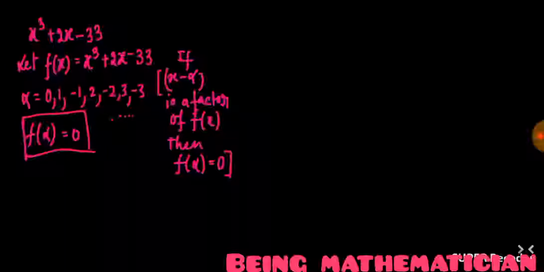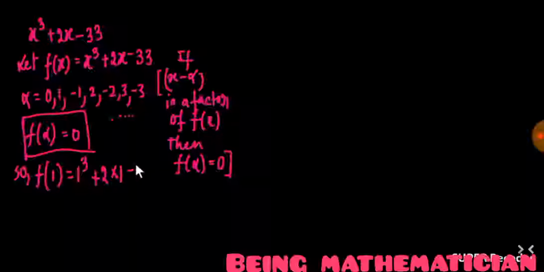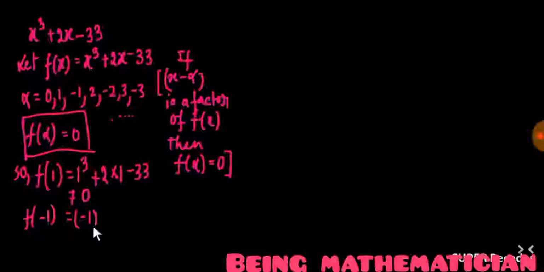Now, putting alpha equal to 0, 1, minus 1, 2, minus 2 consecutively. So f of 1 is equal to 1 cube, that means x cube, plus 2 into 1 minus 33, which is definitely not equal to 0. Now f of minus 1 is minus 1 whole to the power 3 plus 2 into minus 1 minus 33.